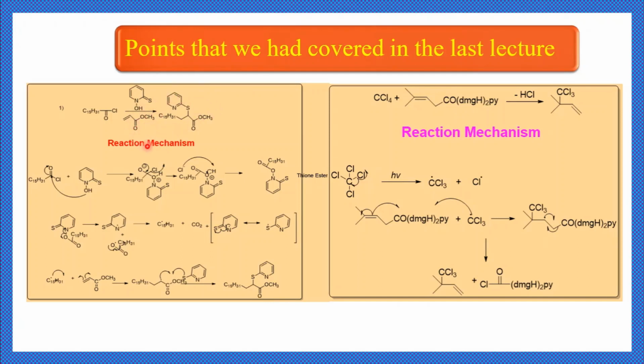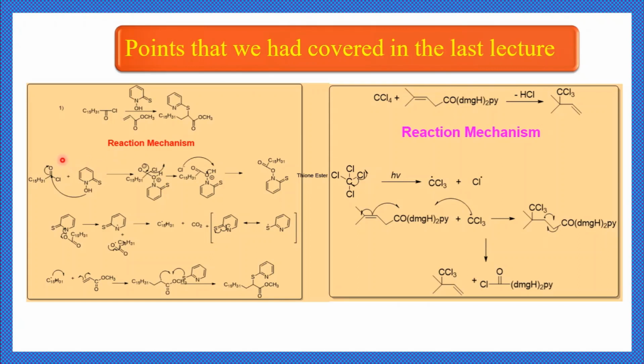Again, in the last lecture we learned the reaction mechanism of this reaction. You know that the reaction mechanism is nothing but the step by step explanation of your reaction, how the bond breaking and bond formation takes place during the formation of product.